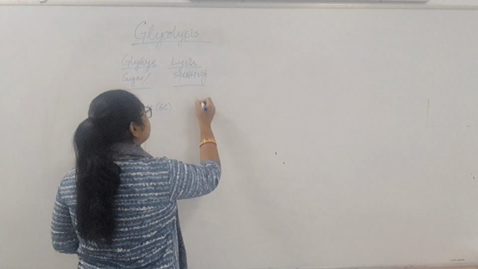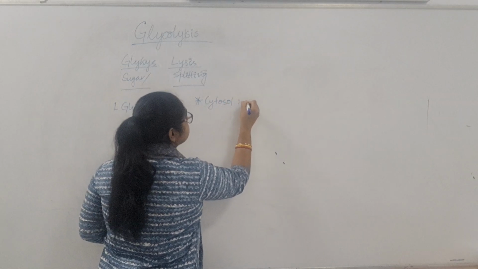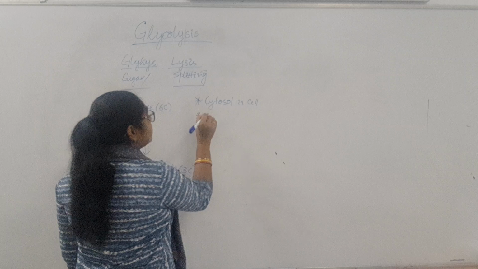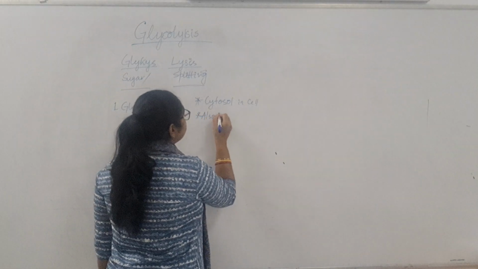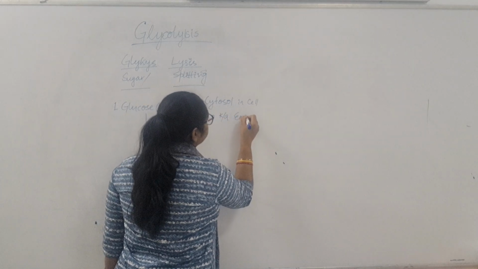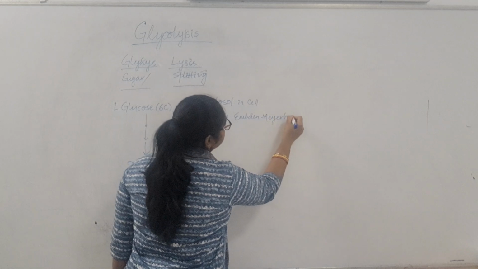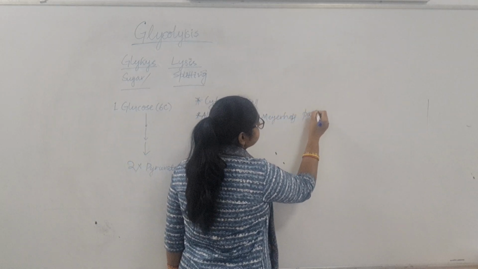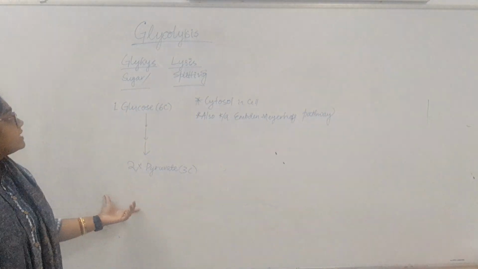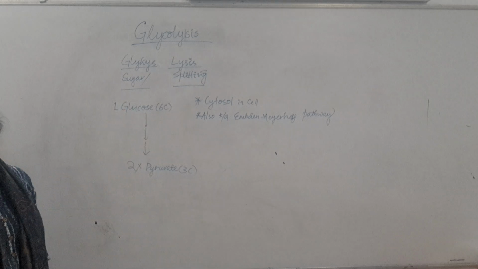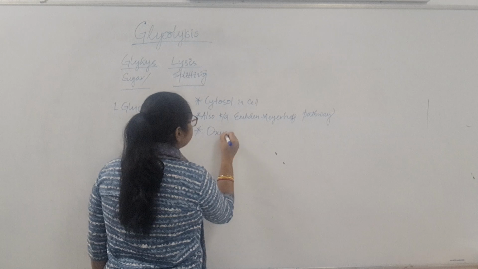Glycolysis mostly occurs in the cytosol of the cell, and it is also known as the Embden-Meyerhof pathway. It is a type of carbohydrate metabolism, and it is also an oxygen independent reaction.